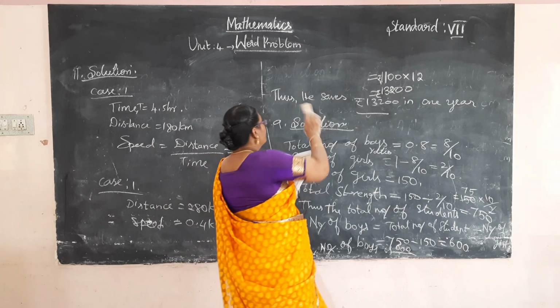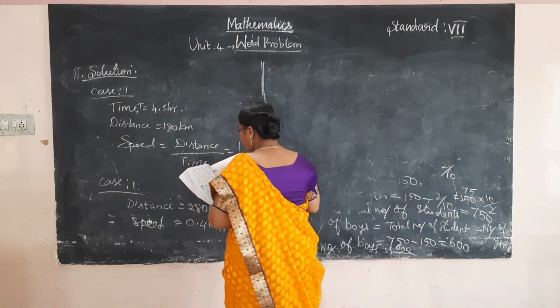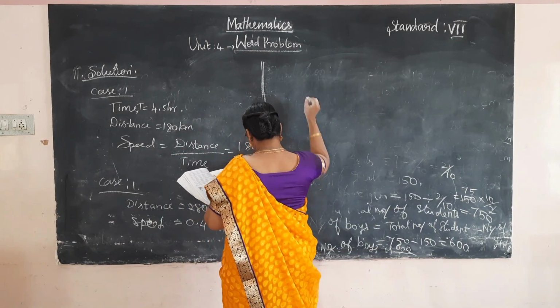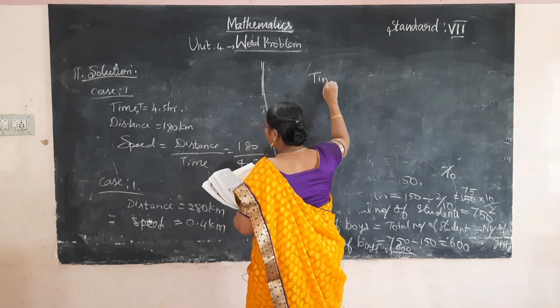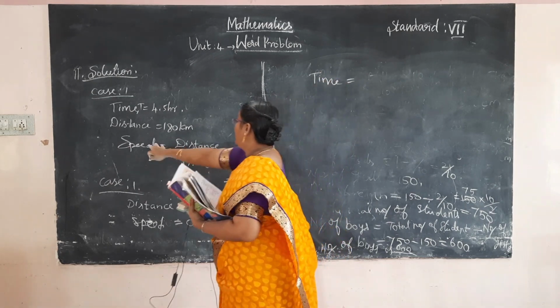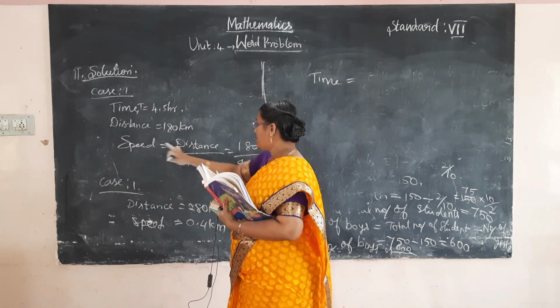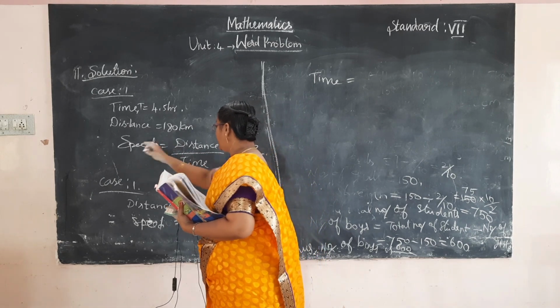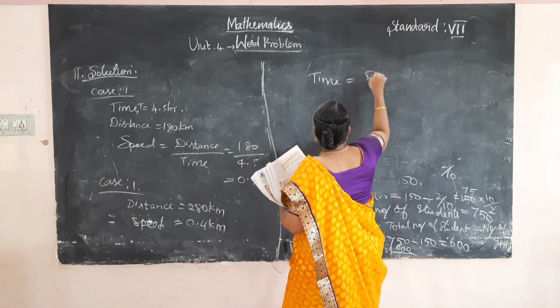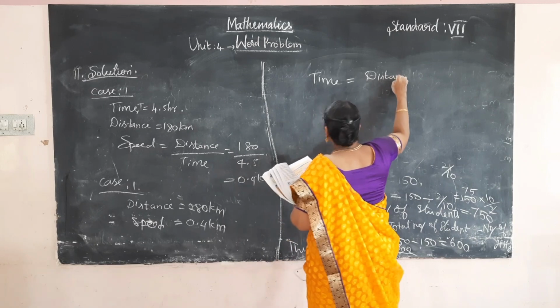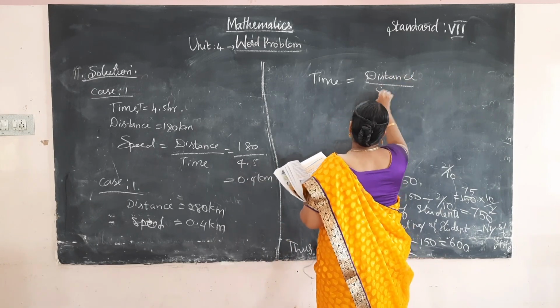Now we have to find out the hours. Time is equal to distance by speed, as we know the values of distance and speed.